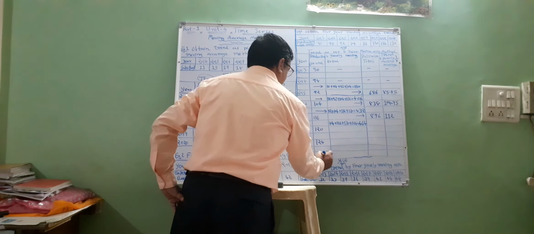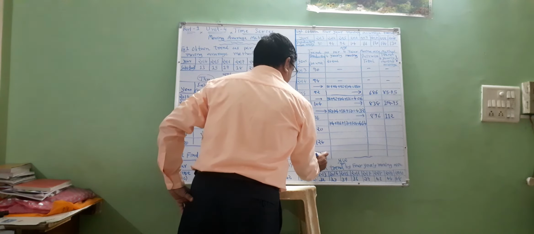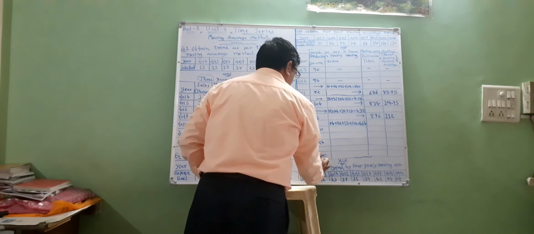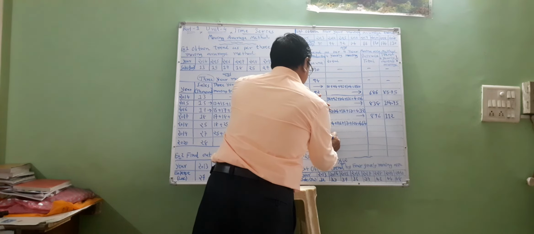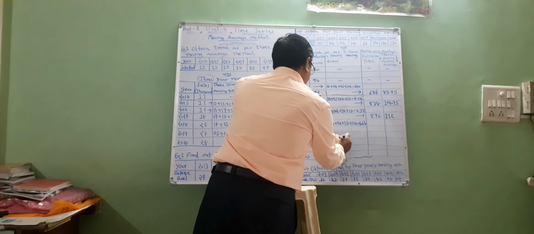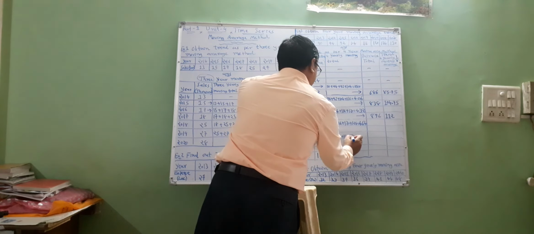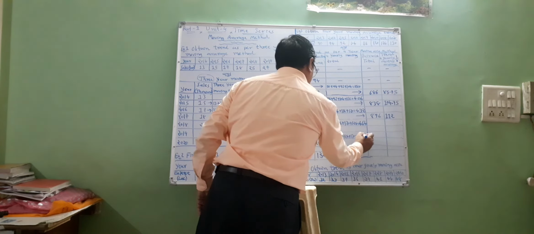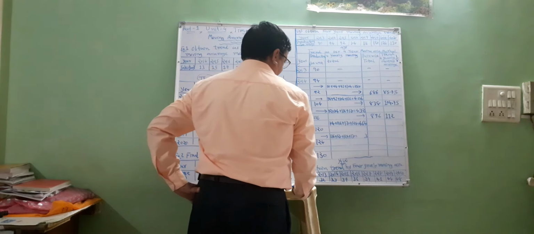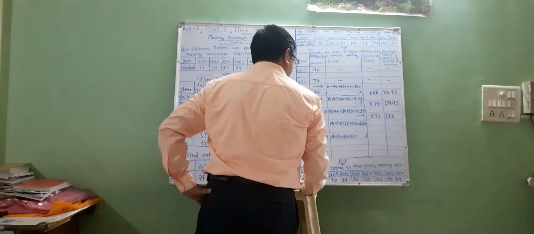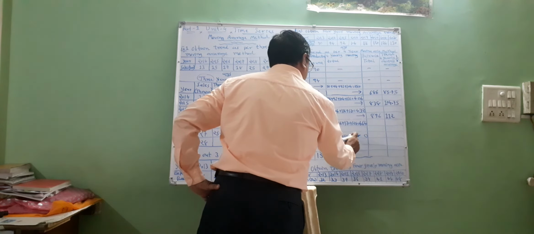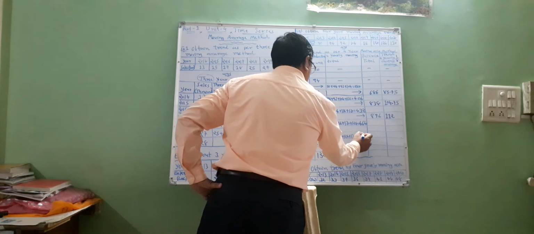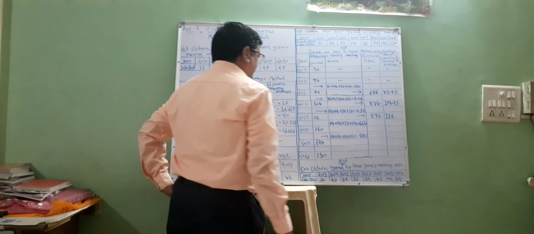And at last 130. Take 4-year moving total from lower to upper: 116 plus 120 plus 124 plus 130, 490.